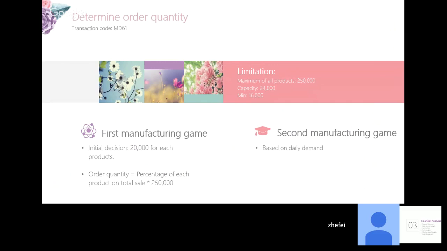However, in the first manufacturing game, some products' order quantity was lower than this minimum volume, and as a result, it stopped conversions. That's why I changed the strategy in the second manufacturing game, and that strategy works well.